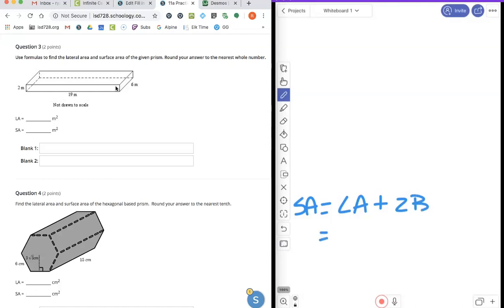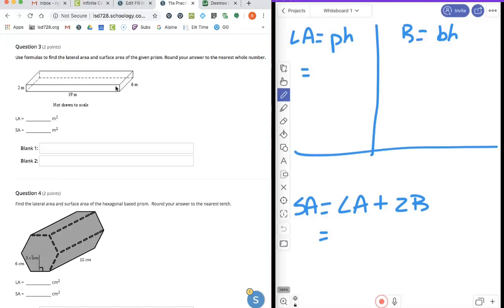The only difference from what we just had is that LA is still perimeter times height, but B, instead of 1/2 base times height, is now just base times height. That's the one thing that'll change. Everything else remains the same. So for lateral area, we need the perimeter of the base. For the bottom, we have 19 plus 6, that's 25.